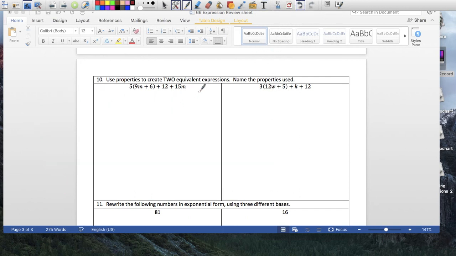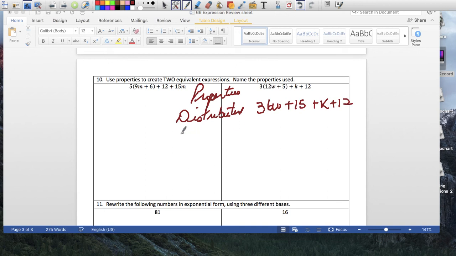Same thing on the other one, properties. And distributive property first, right? Because there's a parenthesis there. Get rid of that. So that's 36W plus 15 plus K plus 12. Let's put the commutative property.